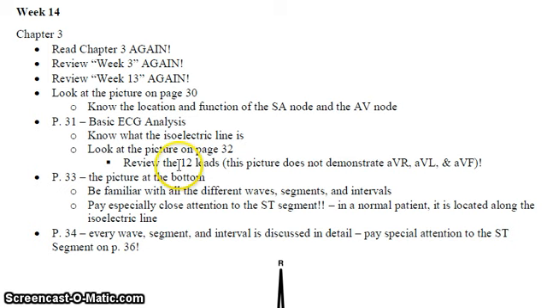Remember, there's 10 electrodes actually applied to the skin, but those 10 electrodes equal 12 leads, or 12 views of the heart. Now the picture on page 32 shows you lead 1, lead 2, and lead 3, and then it shows you the V leads, V1, V2, V3, 4, 5, and 6. It does not demonstrate the AVR, the AVL, and the AVF.